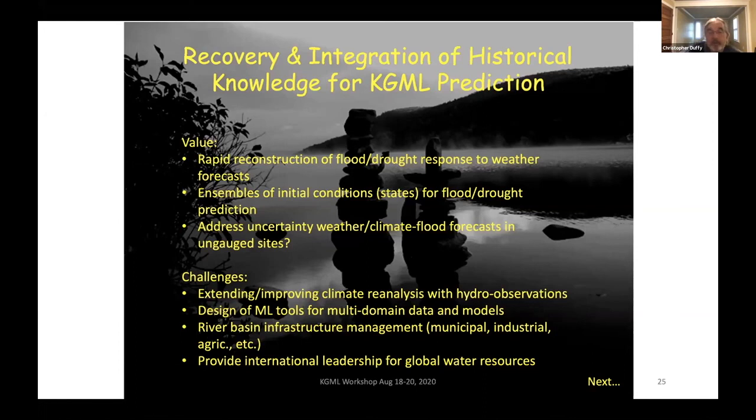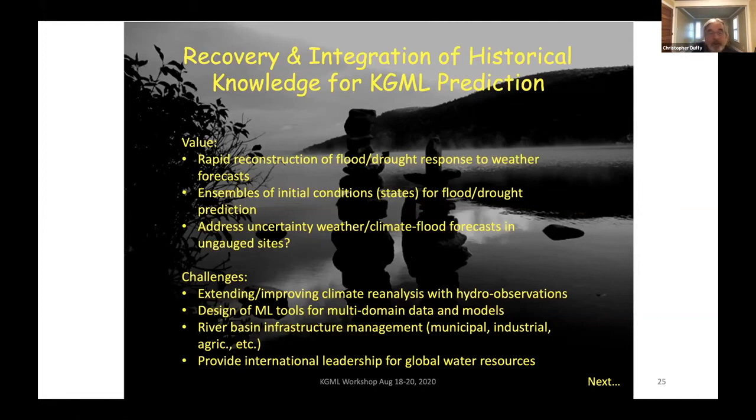I noted that very little discussion was made of anything deeper than the soil profile in many of the talks. And I think the subsurface geology and the terrain geomorphology is an important element that there is data for. Design of machine learning tools for multi-domain data and models will have to be given some serious thought.